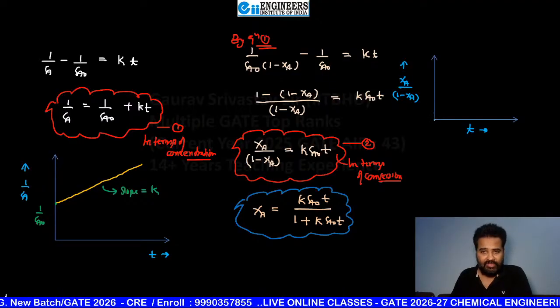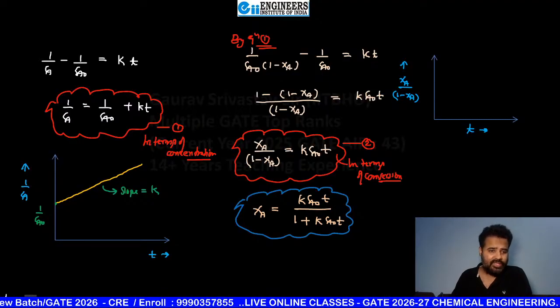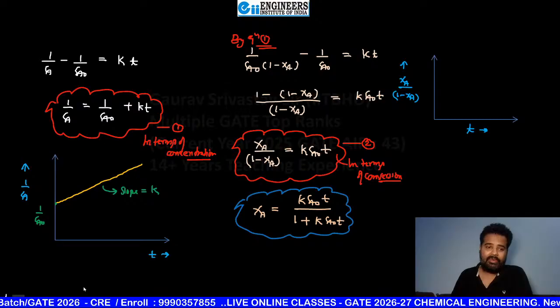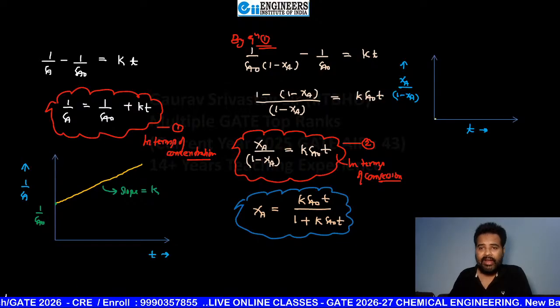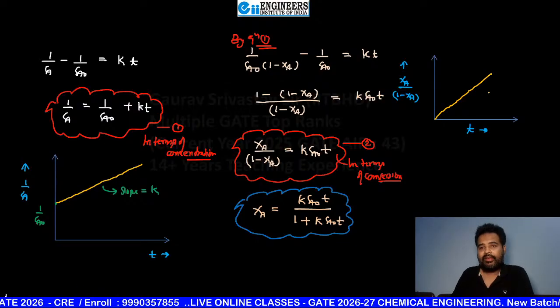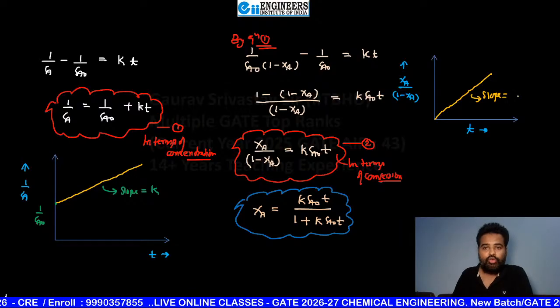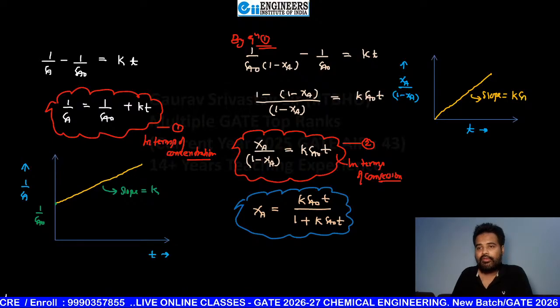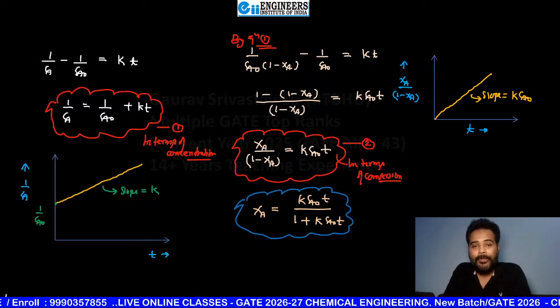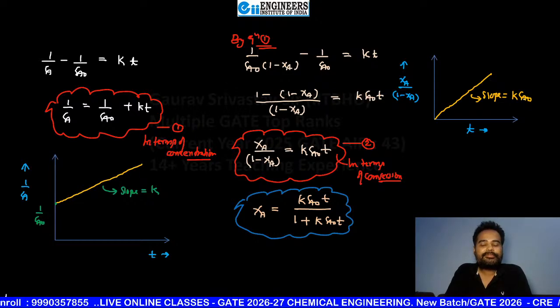It can start from origin. We can plot it mathematically as well as technically correct graph. So here the slope is k ca naught. Is it crystal clear to all of you, beta?